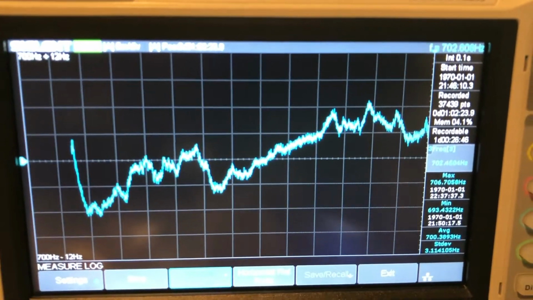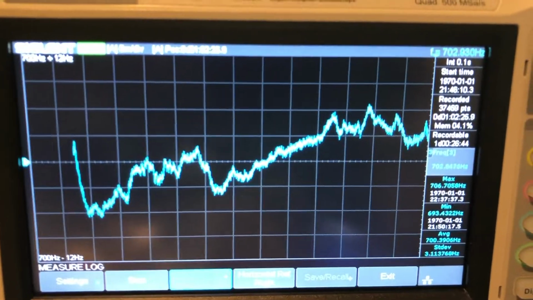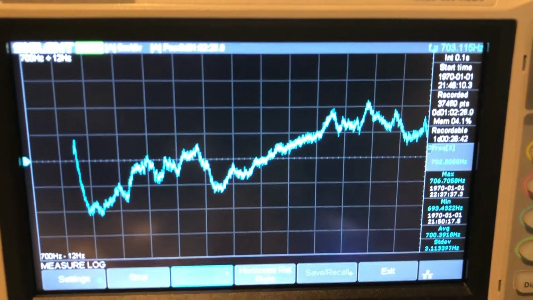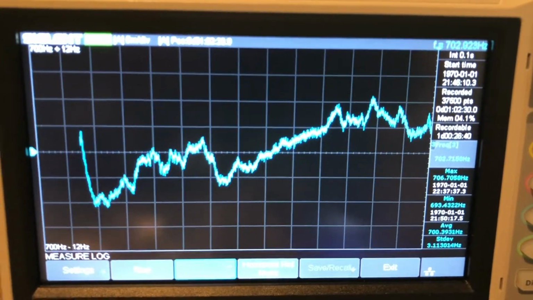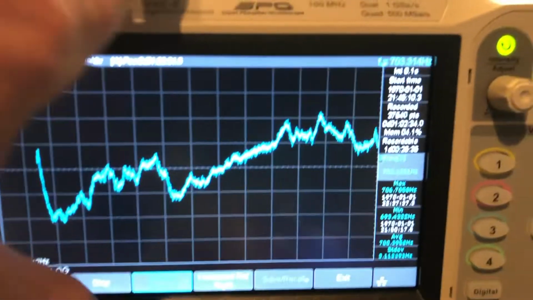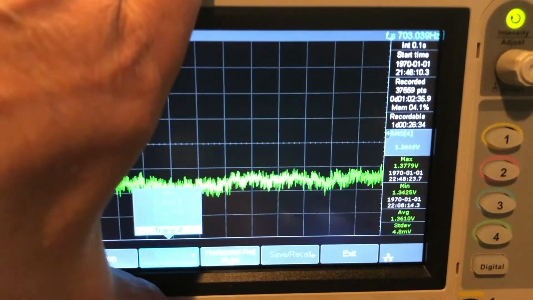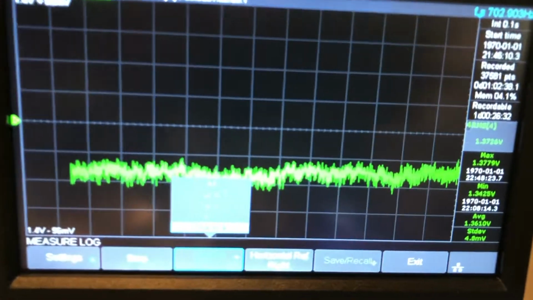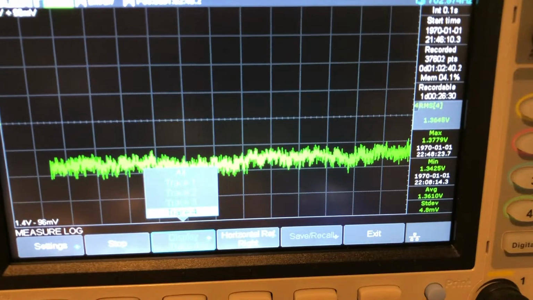I think what I was seeing before was a combination of that loose wire causing some drift, and then also just everything needing to warm up. If we look at the voltage going into the VXCO, it's actually been pretty good.